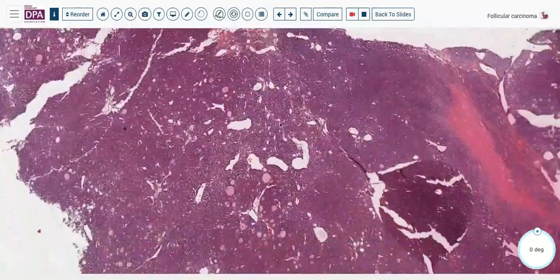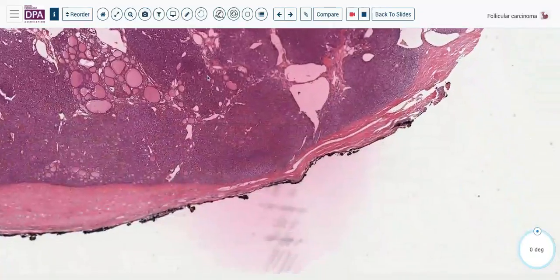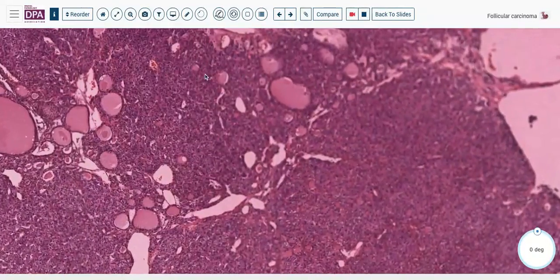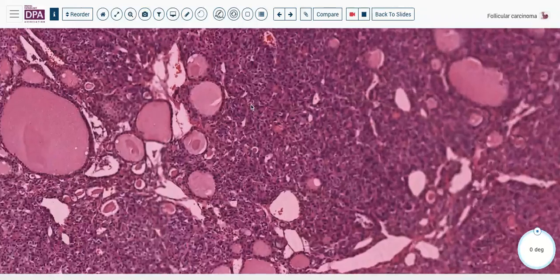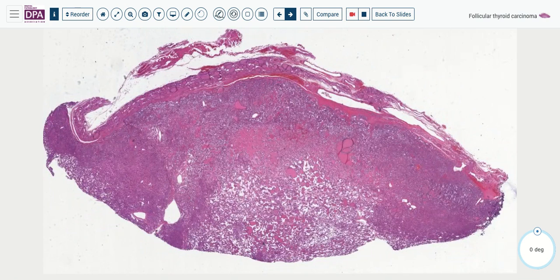Not the best section, of course, I apologize. Some artifacts here. We can see these nice follicular structures. So minimally invasive, at least on the basis of this slide, with capsular invasion of a minimal degree.